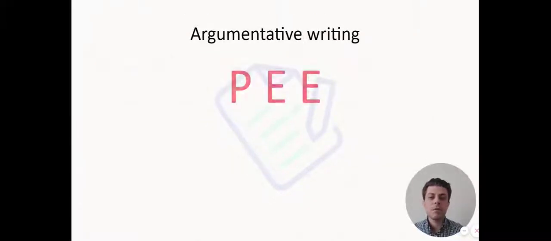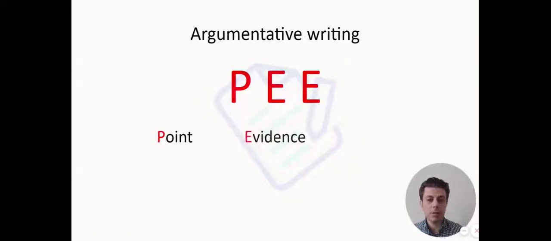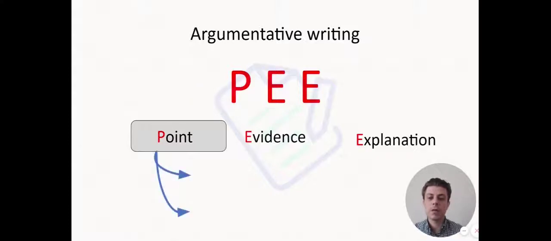In our argumentative writing, we write following the PEE method. What does that mean? P stands for point or an opinion. E stands for evidence, and the second E is explanation. We're going to learn about the E's later, but in this video we're going to study about P, the point.